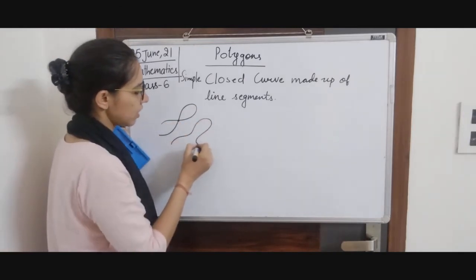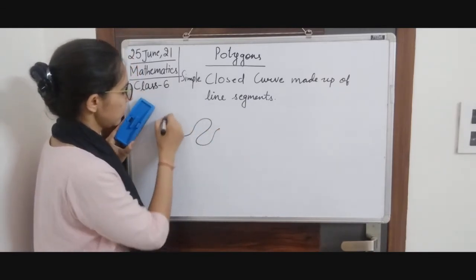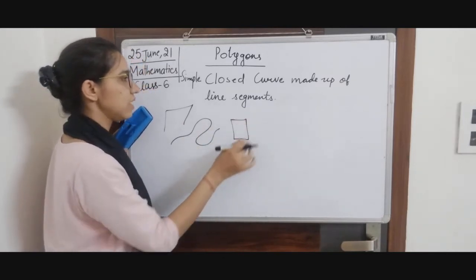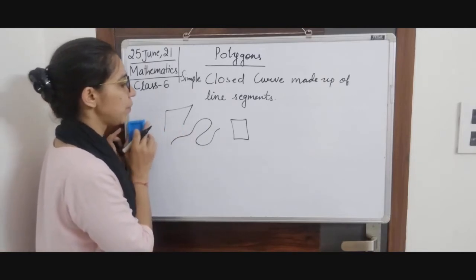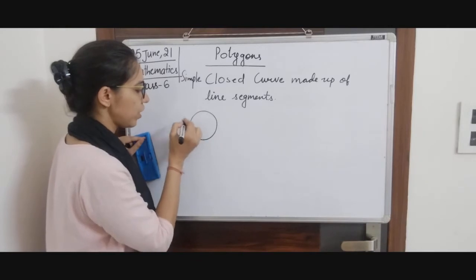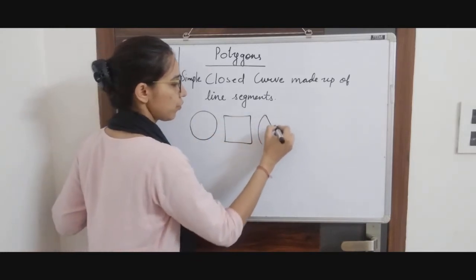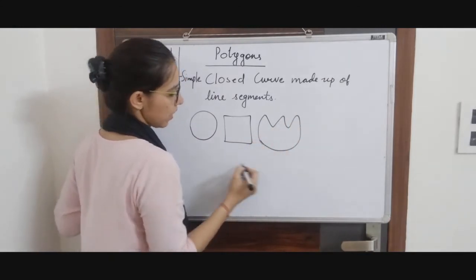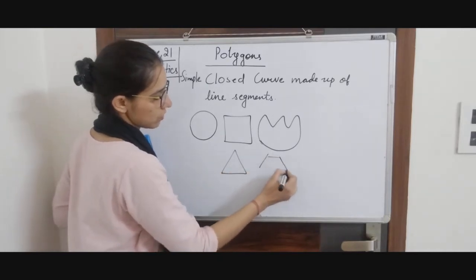If we have curves like this or this or maybe like this, in these types of curves there is no crossing. It means these are simple curves. Closed means there are no end points. These are closed figures, maybe like this. These all are closed figures.